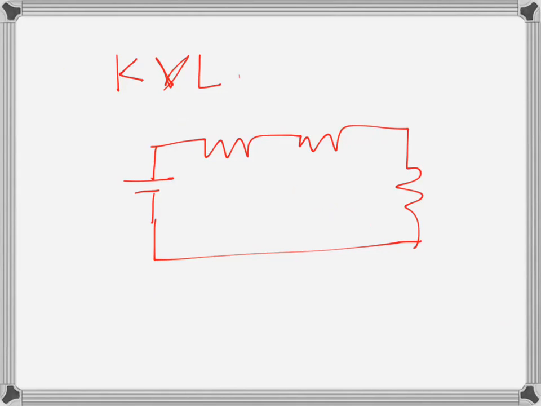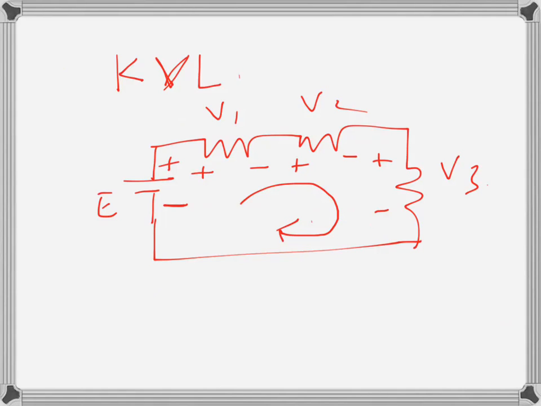That means let's say the voltage is here, here, and here. If we have the current in this direction, this is E, this is V1, V2, V3. This can also be stated like this, that the sum of the voltage rise is equal to the sum of the voltage drop. If we say that, E is equal to V1 plus V2 plus V3.